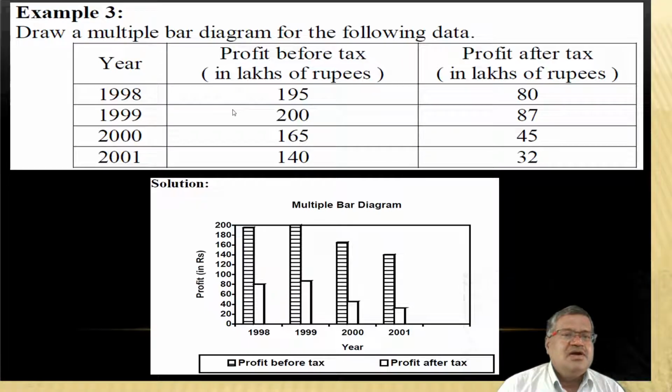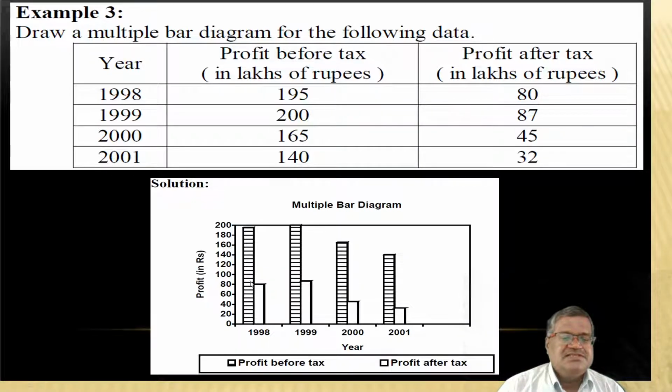Here we have two values for 1 year, before and after. So, in 1998, before tax, this is the profit. After tax, this is the profit. We are indicating the markings.